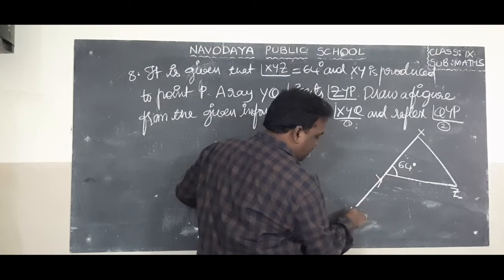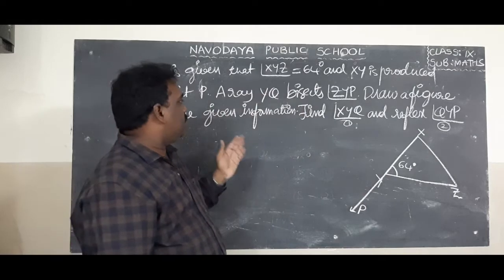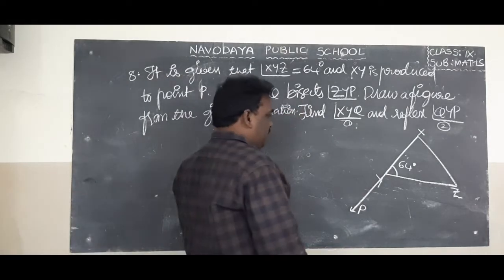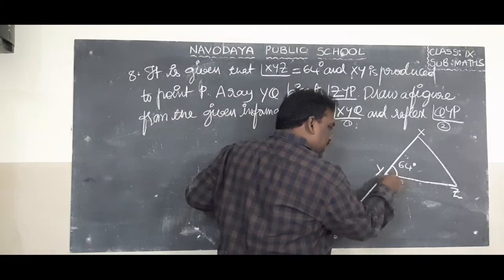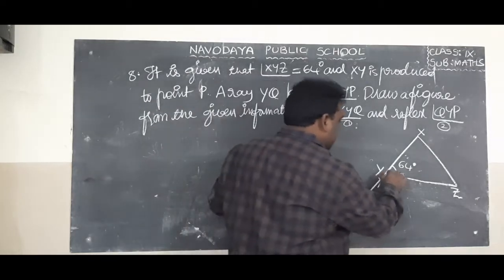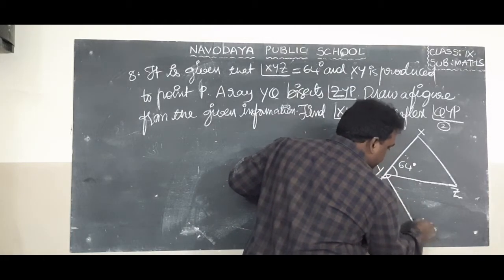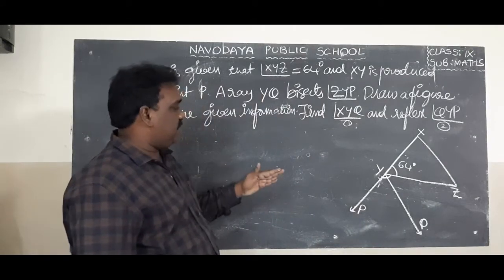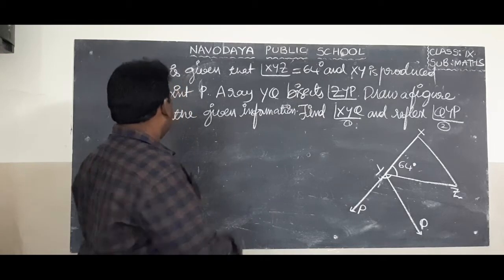This is point P. XY is produced to P. A ray YQ bisects angle ZYP. Where is angle ZYP? This is angle ZYP. There is a ray YQ. So there is a ray YQ bisects angle ZYP. Okay na? So this is the diagram.